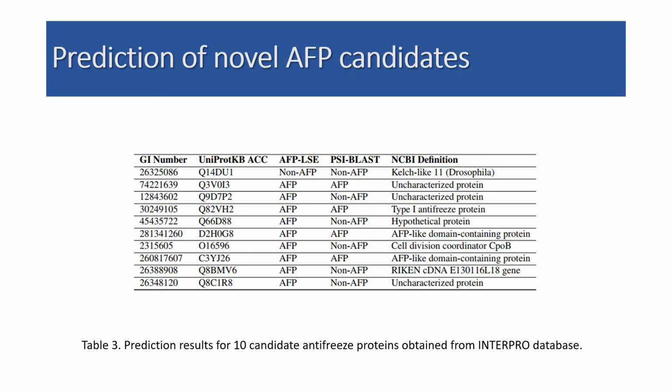Compared with the AFP LSE, PSI BLAST retrieved only 4 out of 10 candidate sequences as AFPs, whereas the NCBI database annotated 4 out of 10 sequences as hypothetical or unnamed proteins. Further, 3 of them were characterized as type 1 antifreeze protein or AFP-like domain-containing proteins. This performance of AFP LSE suggests that it can be effectively utilized for the annotation of hypothetical proteins.